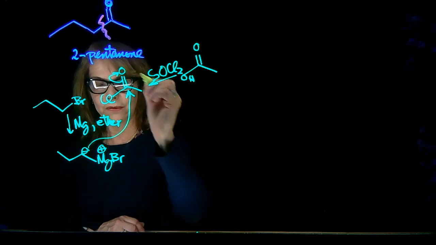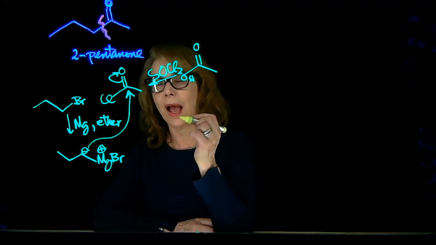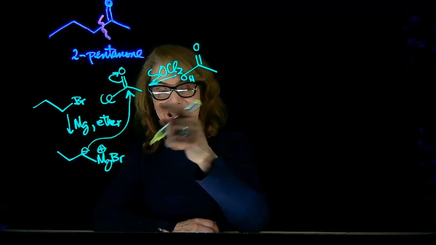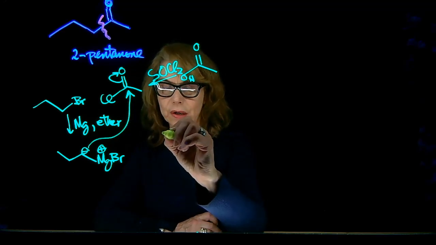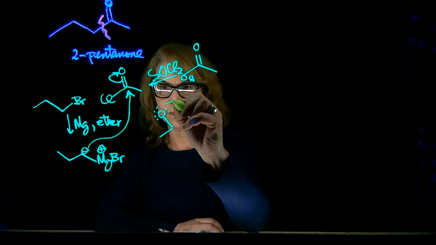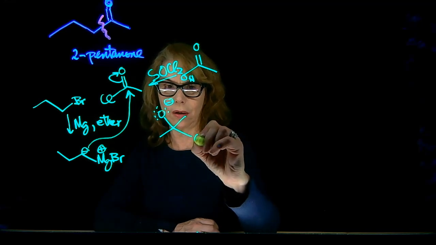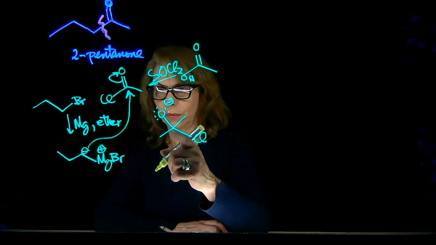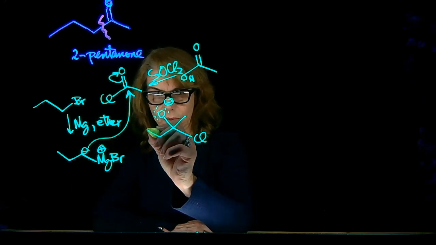Remember that reactions with carboxylic acid derivatives are essentially nucleophilic acid substitutions. So here, with this attack with the Grignard, you're going to make the following alkoxide. And now this is your chlorine, that's the metal group. And now I have 1, 2, 3.